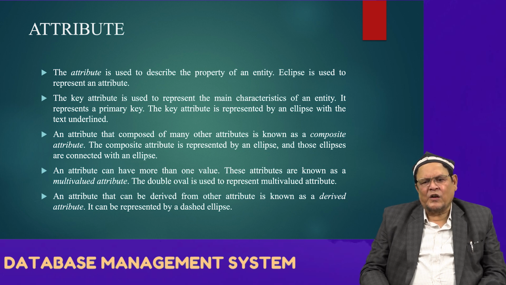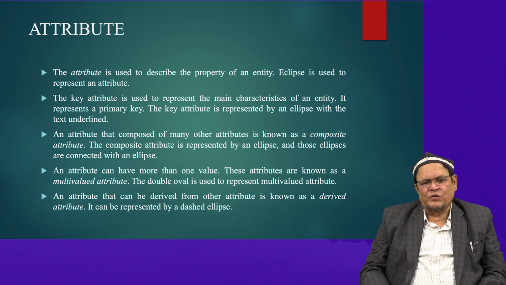These are known as multi-valued attributes. A double oval is used to represent multi-valued attributes. Attributes that can be derived from other attributes are known as derived attributes. They are represented by a dashed ellipse.